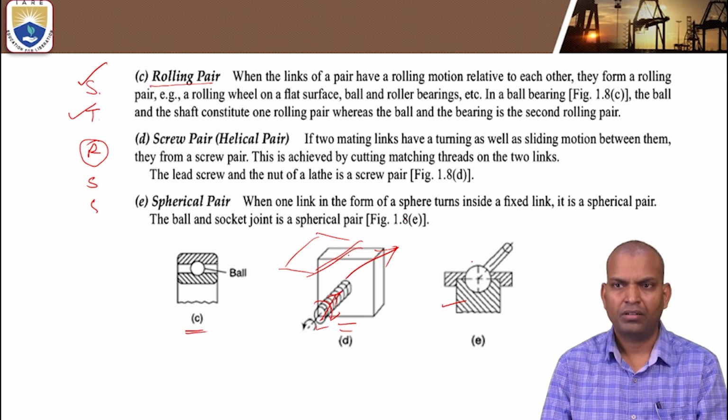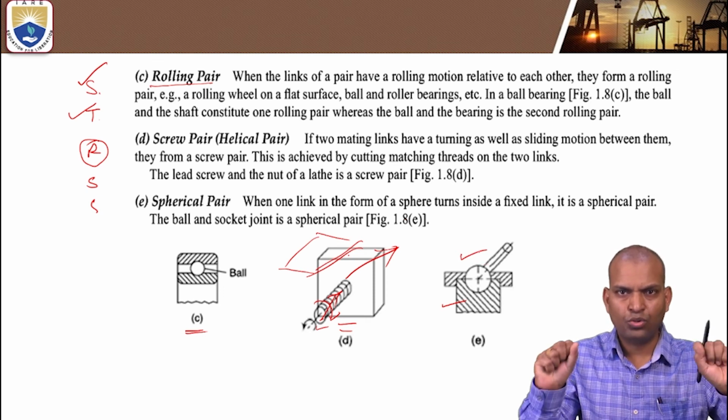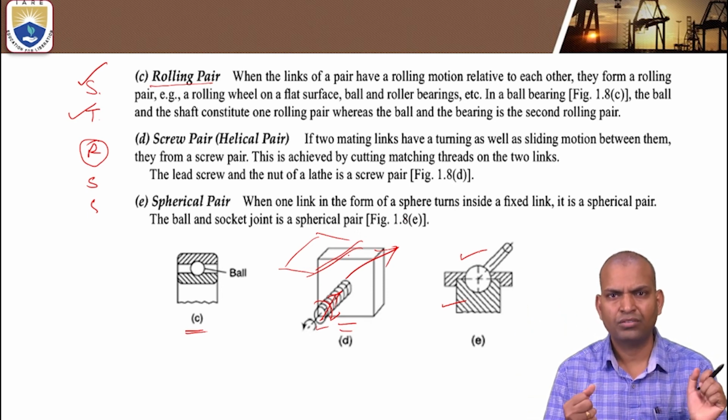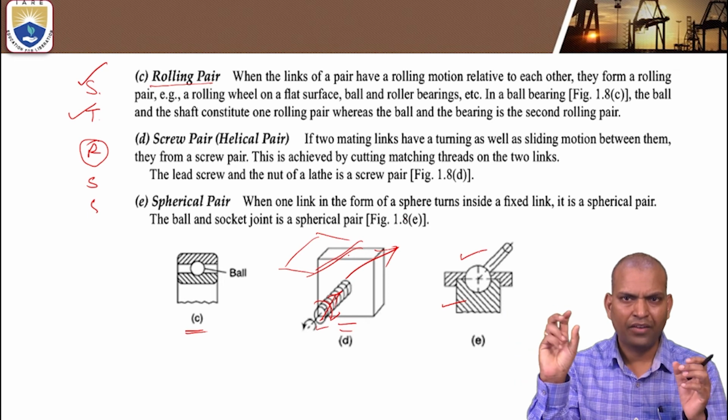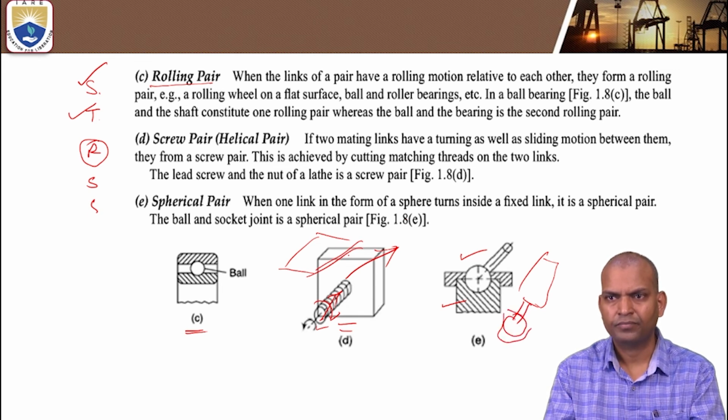It can be seen in the side mirror of a two-wheeler, and not only two-wheelers, four-wheelers also. The side mirror has a joint, having a sphere at the end.